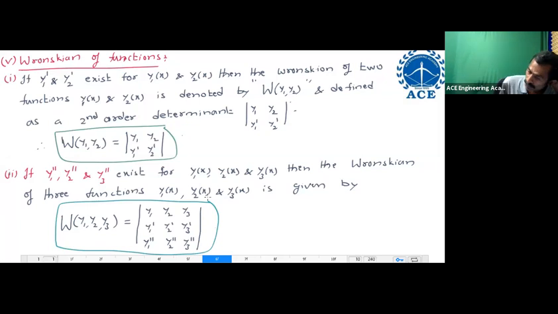Now we write two note points on this Wronskian. We write it on the next page. Note point number 1.